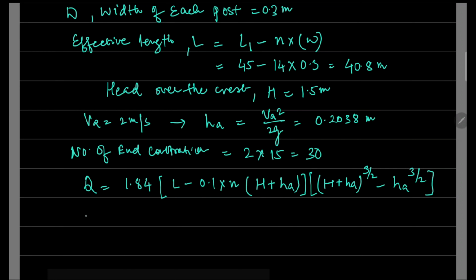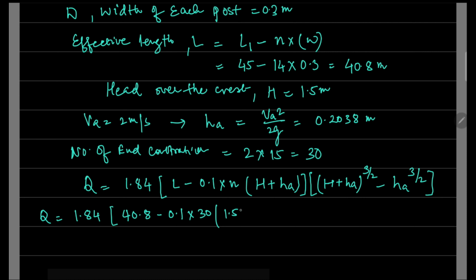So let's put all the values. Q will be 1.84 multiplied by bracket L, which is 40.8, minus 0.1 multiplied by n, the number of end contractions, that is 30, and H is given to us as 1.5 meter.